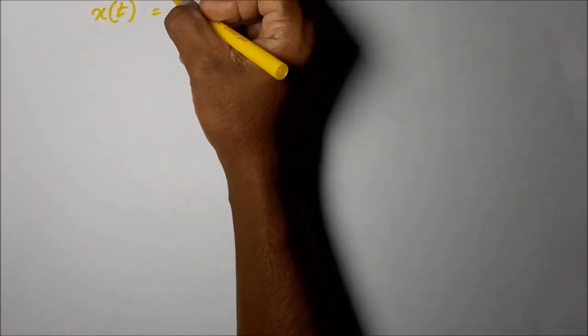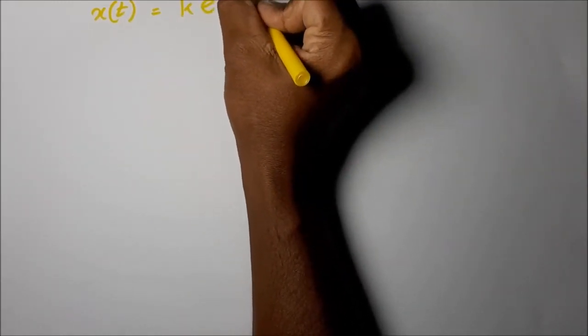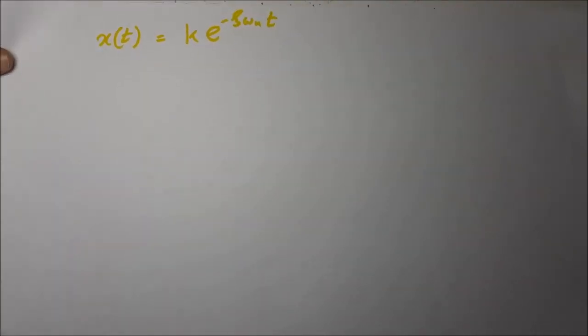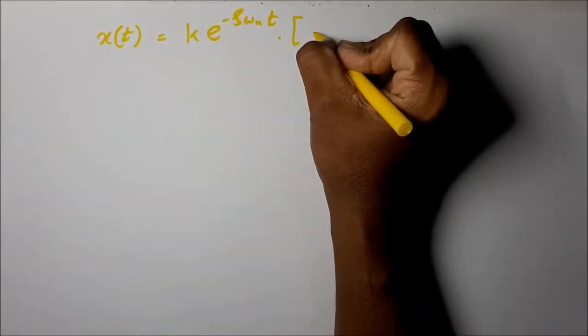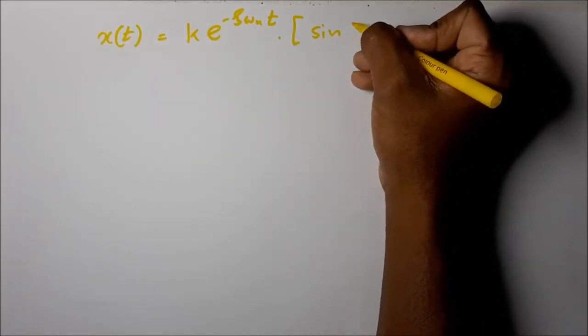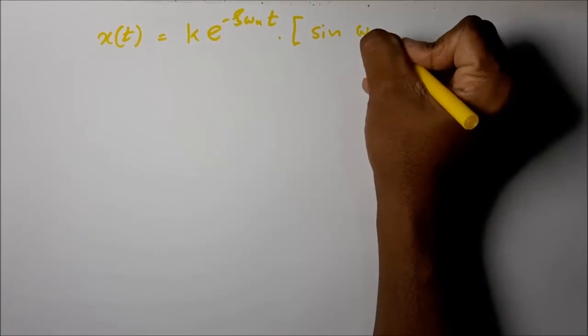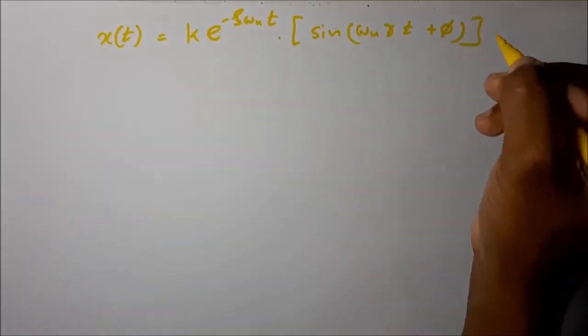I will write the function: x(t) is equal to k e^(-ζωn t) sin(ωn γ t + φ).